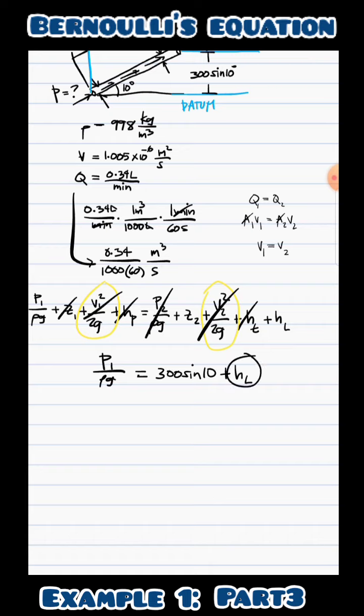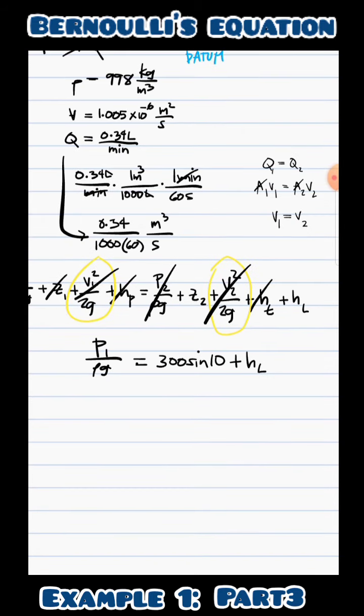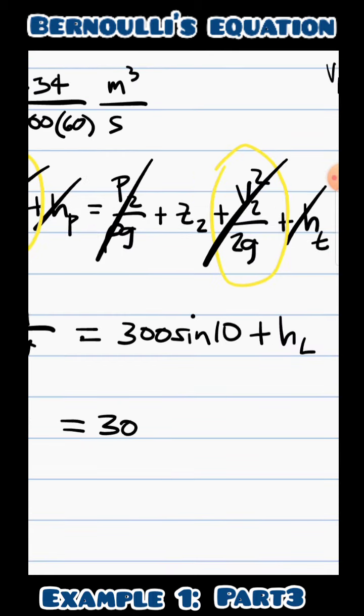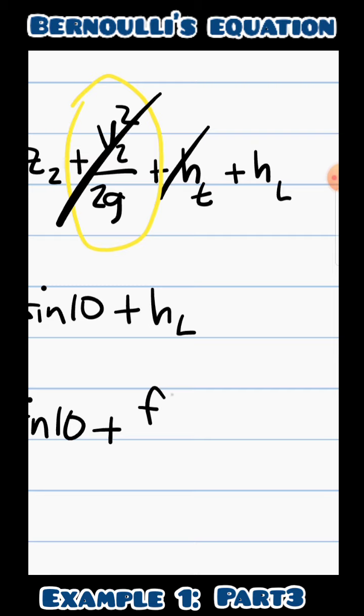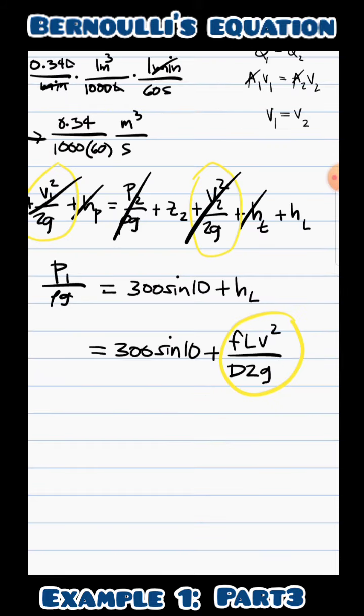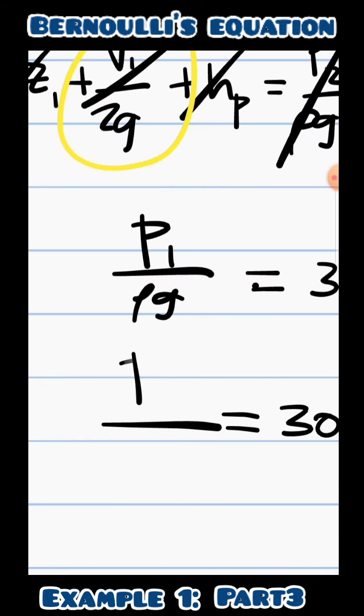We don't know what the head loss is, but I can tell you that the head loss due to friction is basically f L V squared over 2 D g. So now we're adding another term here. What is that term?